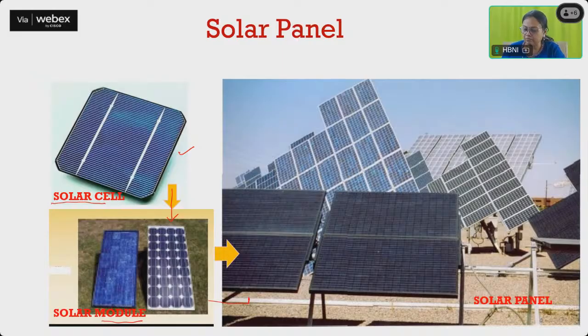When we are generating electricity, we should have a solar panel, and many solar cells are joined together to make the solar panel, depending on how much electricity you want to produce. Whether it is a milliwatt or megawatt, the number of solar cells increases, and these are all joined together.